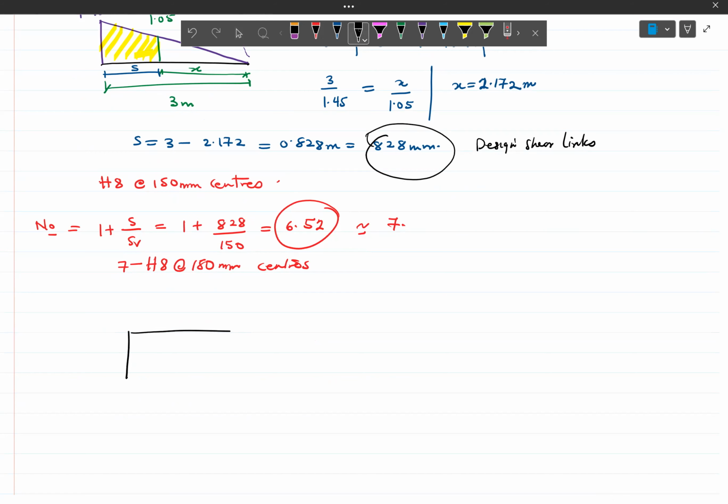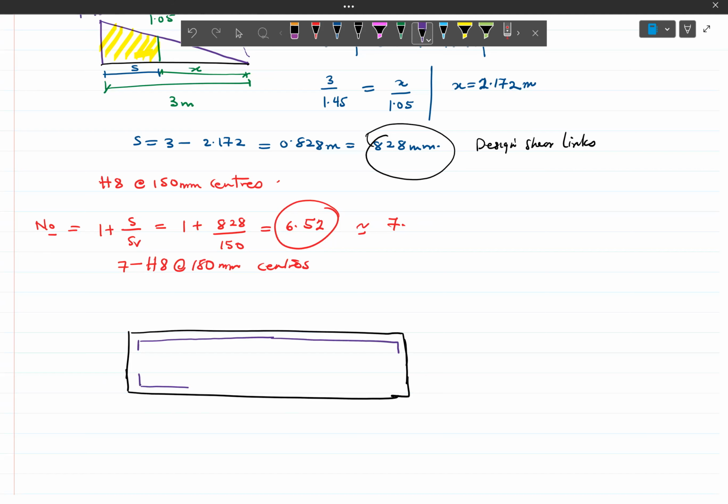Bring this down a little bit. Okay, so I think this is fine here. Okay, so let's say that before I did the shear, I also did my main beam, so we are good.